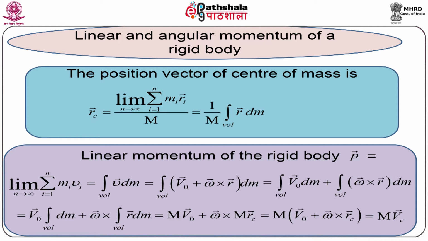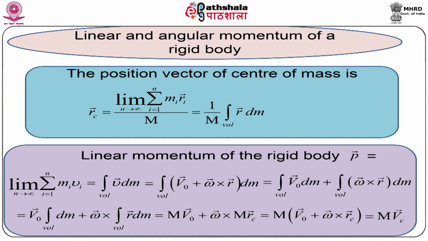Capital M is the total mass of that system. The system contains infinite number of particles, that is a large number of particles. We get this result from the definition of center of mass.